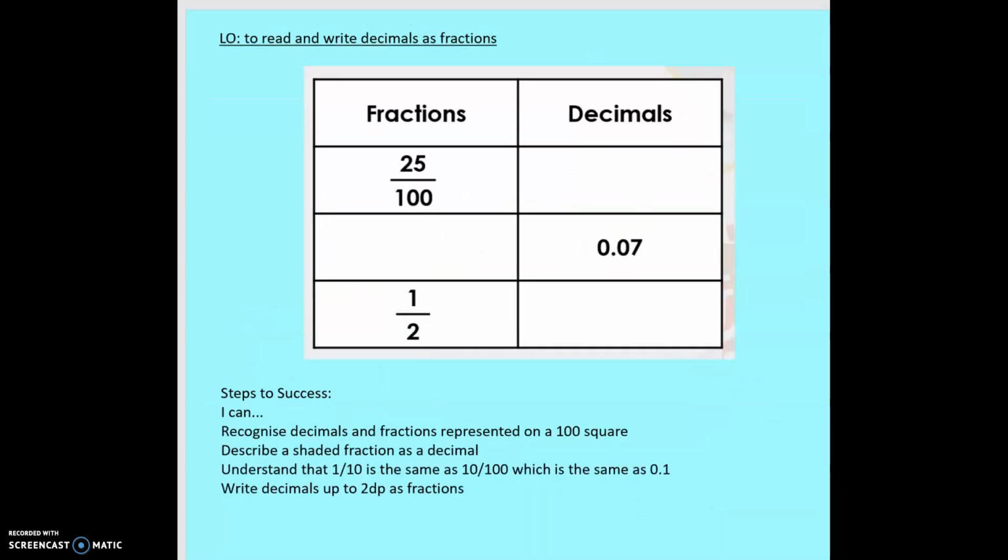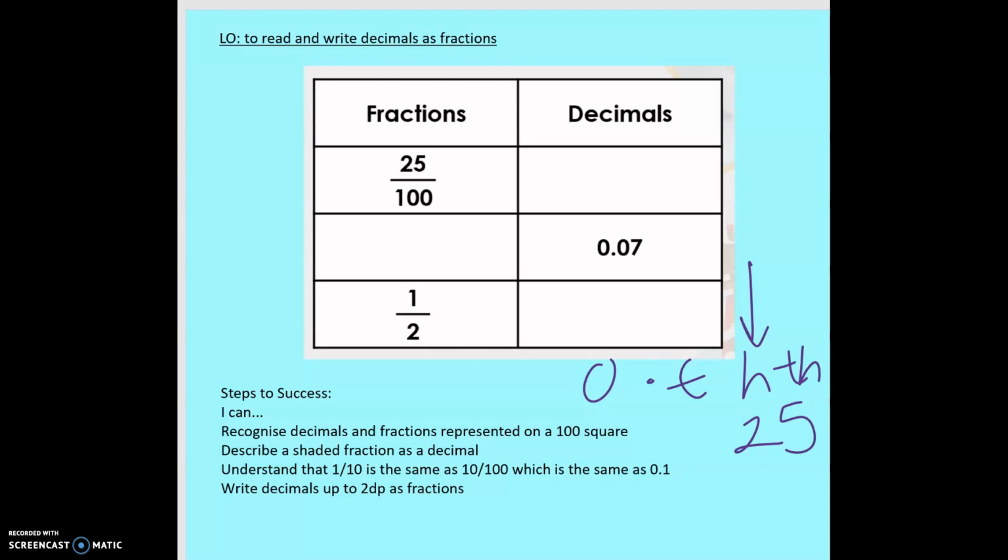Okay, let's have a look at another one. Let's see what we've got. We've got some fractions, some decimals given to us, and we've got to see if we can find either the decimal or the fraction. So let's have a go. 25/100ths. Now, we were putting hundredths starting over here, starting with our hundredths column.